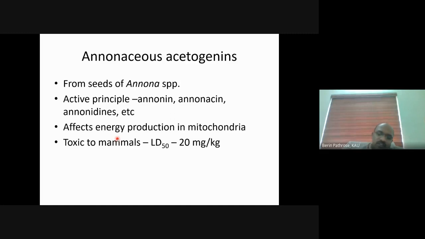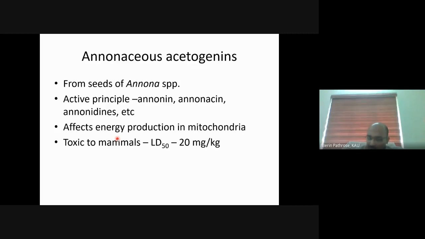And the next botanical is Annonaceous acetogenins. As the name indicates, it is obtained from seeds of Annona. See here the scalability of this technology. You might have taken custard apple, Annona.